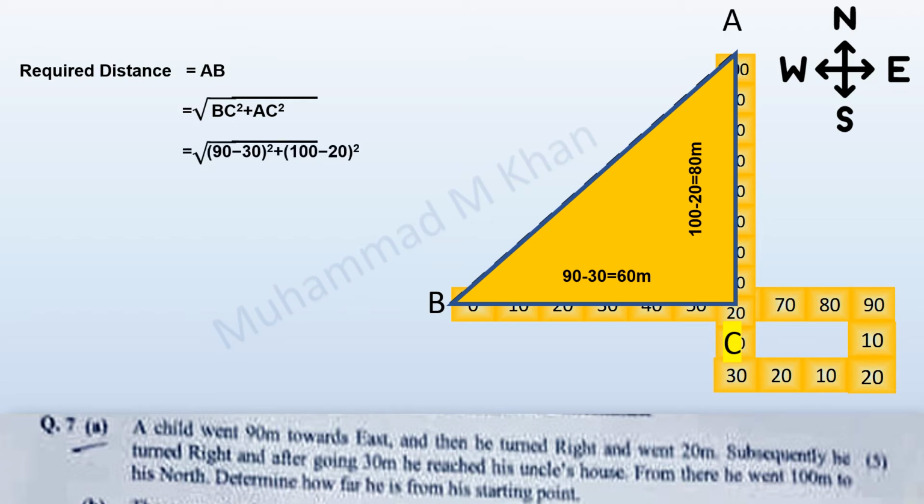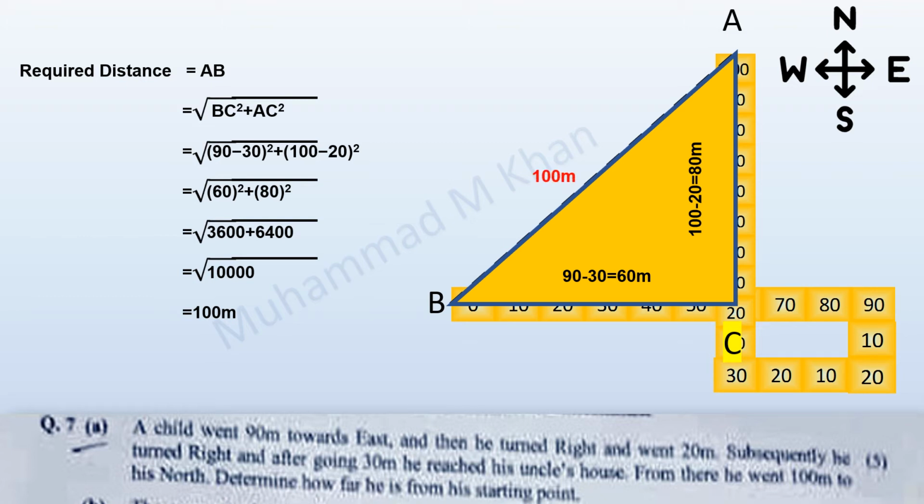So the length of the hypotenuse will be, putting the figures of base and perpendicular in the given formula, 60 square plus 80 square. 60 square is 3600, 80 square is 6400. Adding them together we get 10,000, and the square root of 10,000 is 100 meters. So the hypotenuse was the distance required from the starting point to the end point, which is 100 meters, and this was the required solution.